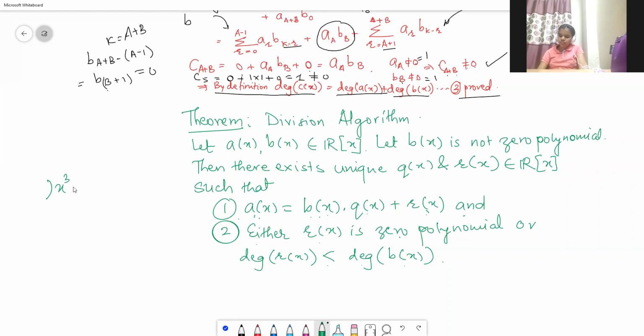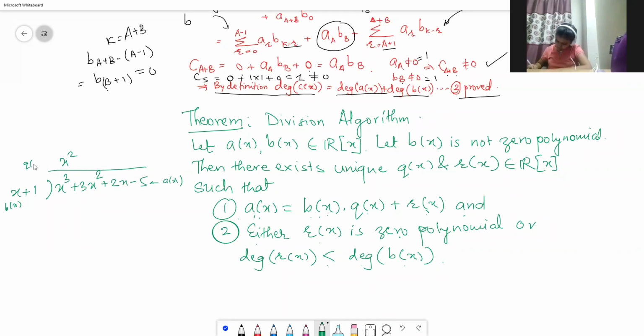Suppose I have a cubic polynomial, x cube plus 3x square plus 2x minus 5, and if I want to divide it by, say, linear polynomial x plus 1, this is B of x, this is A of x. So I perform long division and find out what is Q of x.